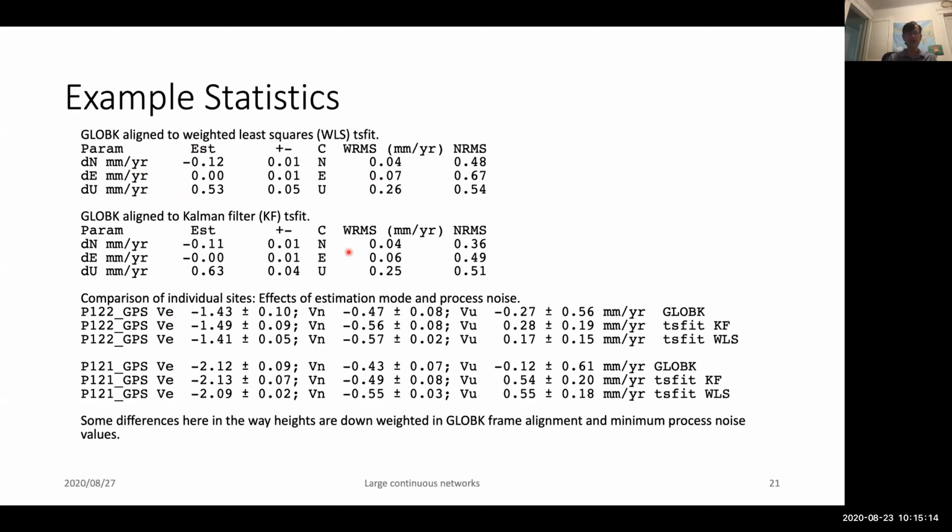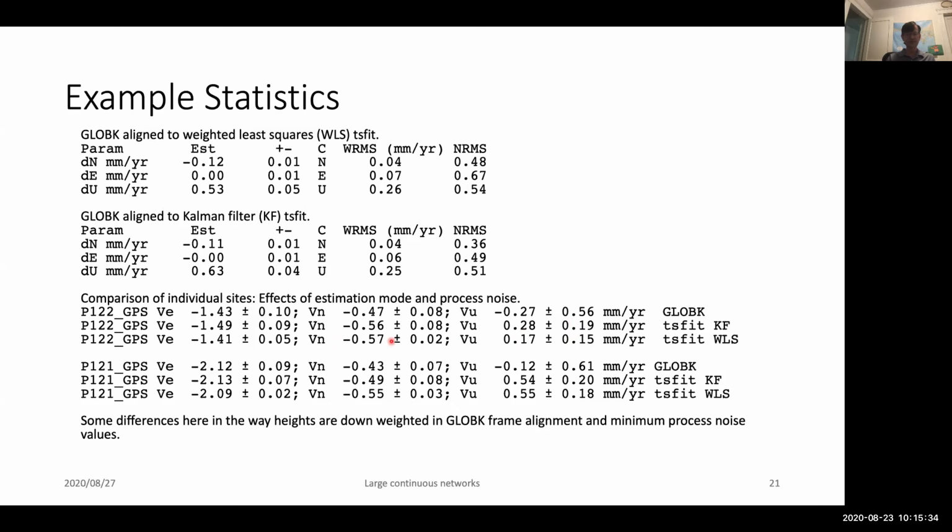Again, the matches are quite close, and you can see the numeric values down here for a couple of different stations. And you'll notice that the TS fit weighted least squares solution is generating sigmas which are somewhat lower than the Kalman filter fit, and that has to do a bit with the way the FOGMEX algorithm works.